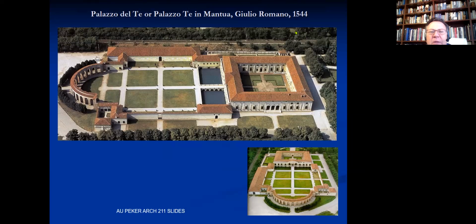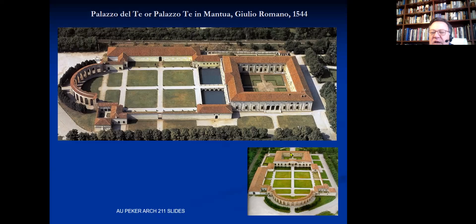Giulio Romano's Palazzo del Te or Palazzo Te in Mantua is a good case to illustrate Mannerism of the age. It is a palace now, not a villa, but a palace, a great compound with a garden finalized by a portico around it and a great square palace building with an inner courtyard, open inner courtyard.